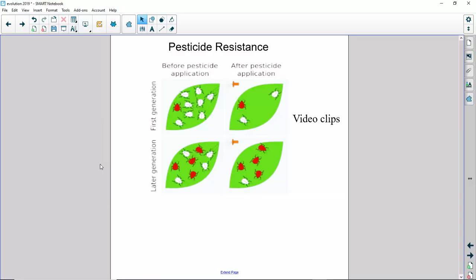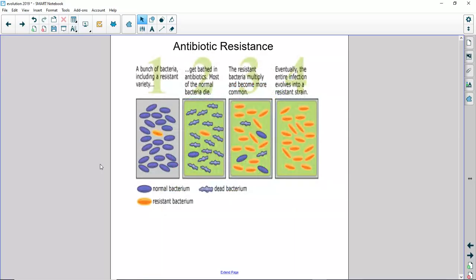All right, resistance. We'll talk about pesticide and antibiotic resistance, meaning any kind of resistance, the evolution of it. I'm going to talk more about antibiotics, but you can refer to pesticides, the same sort of idea. Antibiotics are chemicals produced by microbes that either kill or inhibit the growth of bacteria, and they're commonly used by us as a treatment for infections.